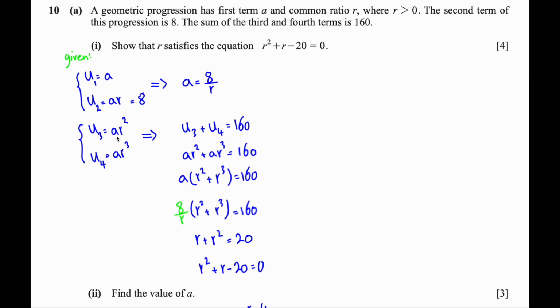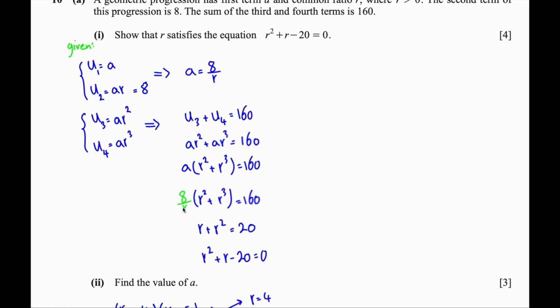So u3 and u4 are ar squared and ar cubed respectively, and if I add them up I get 160, and that's what I'm told in the question. So replace the third and fourth term with its equivalent values in terms of a and r. Factor out a, but then I want everything to be in terms of r, after all, the equation I'm supposed to find is all in terms of r.